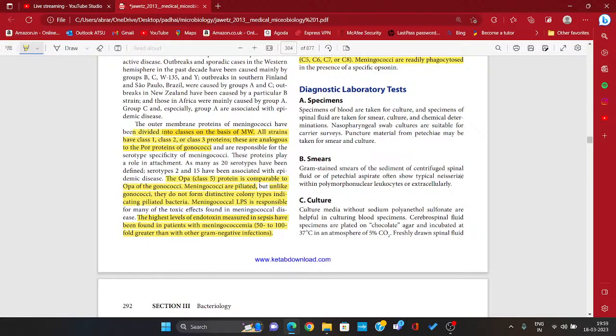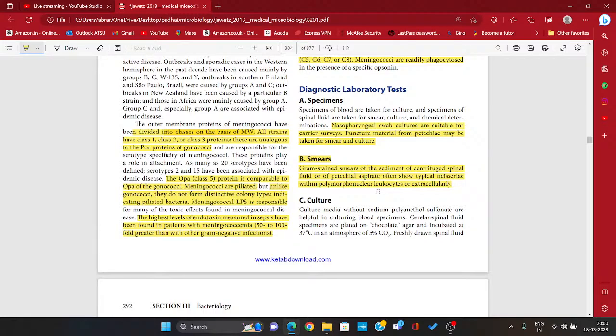Gram-stained smears of the sediment of centrifuged spinal fluid or of petechial aspirate often show typical Neisseria within polymorphonuclear leukocytes or extracellularly.